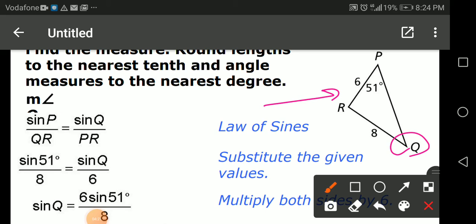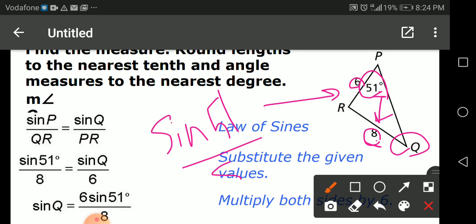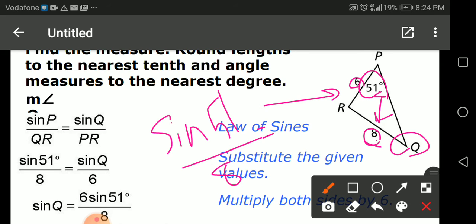Using the sine rule, we have angle P and this side, and we've got this side. So I will say sine P over QR, which is 8. So sine 51 over 8 equals sine Q over the opposite side, 6.